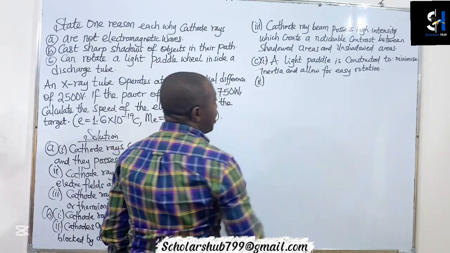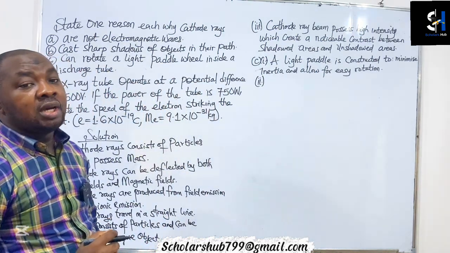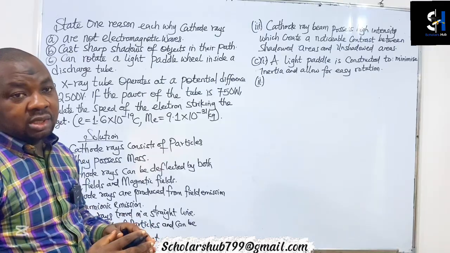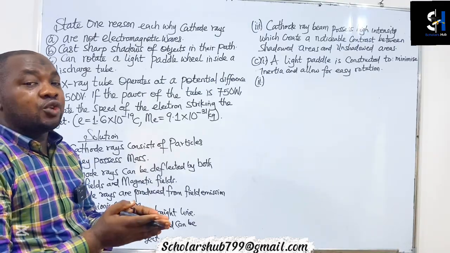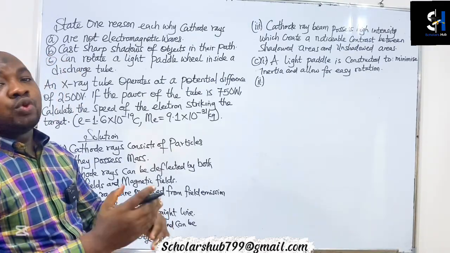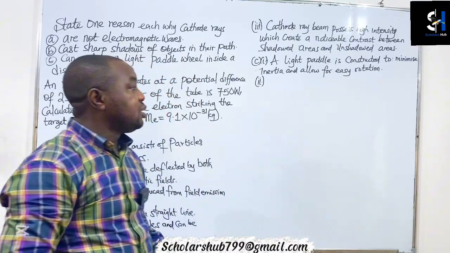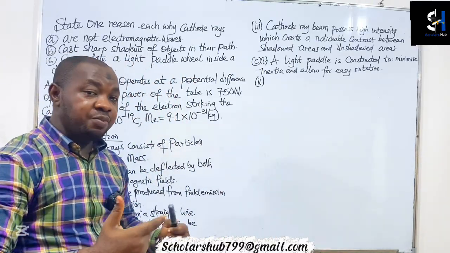Roman numeral 2. Another reason is that the vacuum environment can also reduce the effect of frictional force that would impede the rotation of the light paddle wheel.